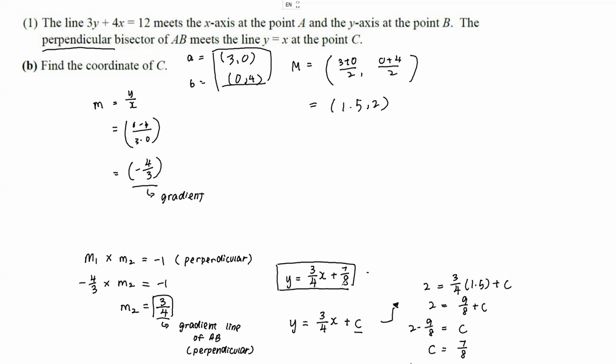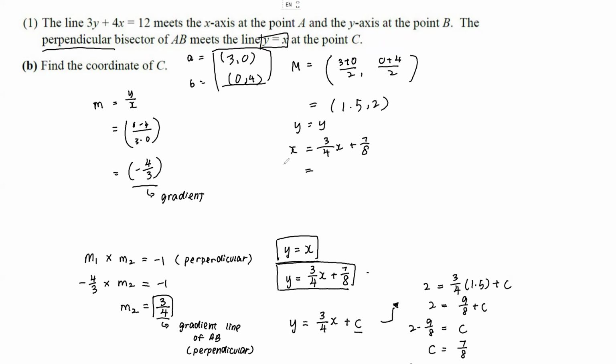And now we need to find C. To find C, we can find x, because now we actually have two formulas: one is this and the other one is this. Since y equals y, x = 3/4 x + 7/8.